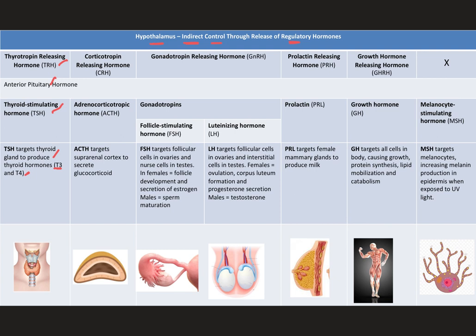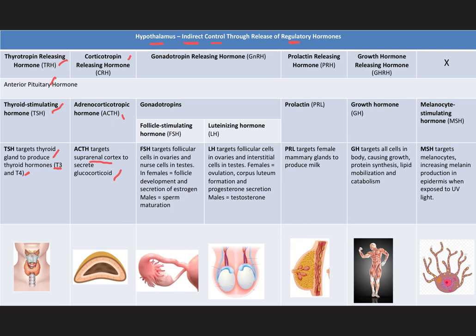Then we have the corticotropin releasing hormone released by the hypothalamus that will release adrenocorticotropic hormone from the anterior pituitary gland, and this will target the suprarenal cortex to secrete glucocorticoid.